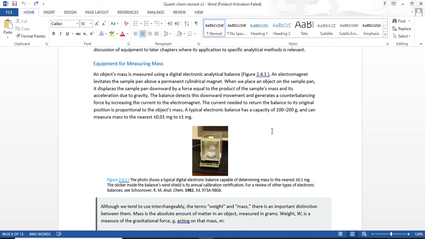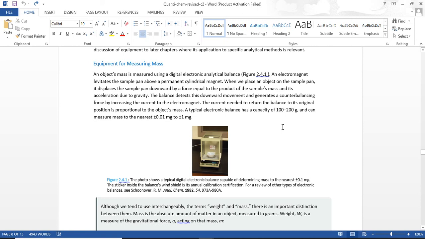The balance detects this downward movement and a counterbalancing force is applied by increasing the current to the electromagnet. The current needed to restore the pan to its original position is proportional to the object's mass.